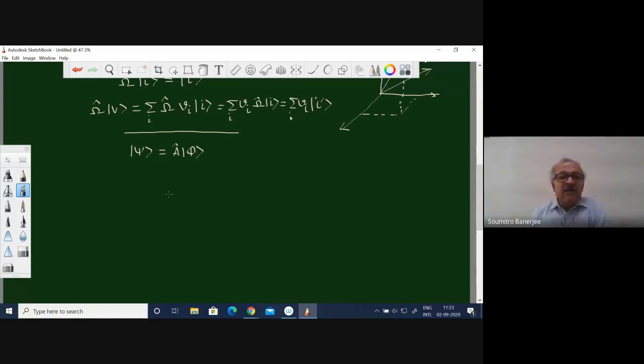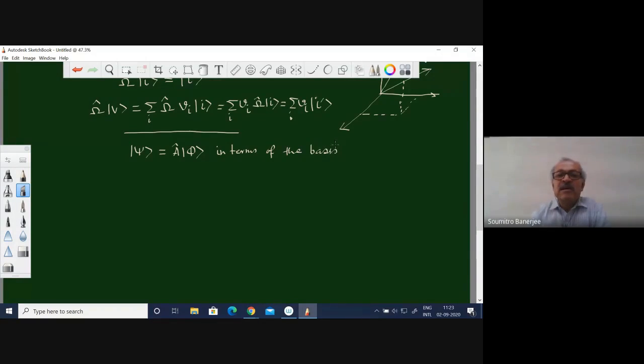This function is a column vector, this function is a column vector, and this is a square matrix. So we have to find out what this matrix is, in terms of the basis.